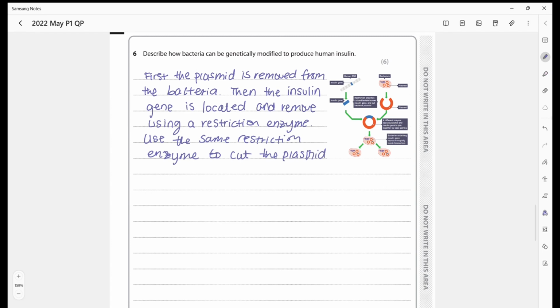Ooh, my handwriting's getting messier. Cut the plasmid, and insert the human insulin gene. I forgot to mention that we need to specify the human insulin gene. That's important there. So moving on, to cut the plasmid and insert the insulin gene.